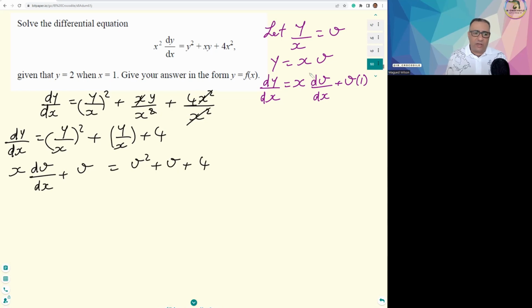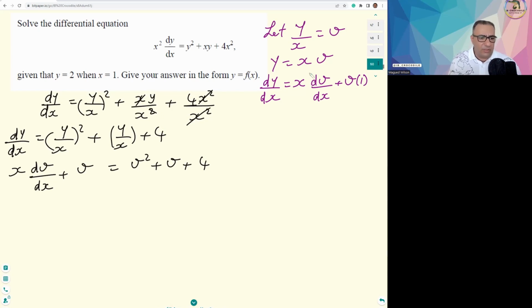Now this approach allows me to transform this equation into a separable differential equation, which I can deal with easily. This is really the main target of this approach: to make it a separable differential equation again.